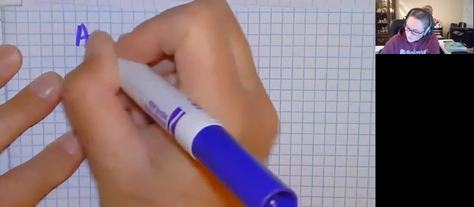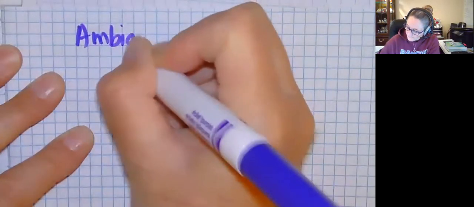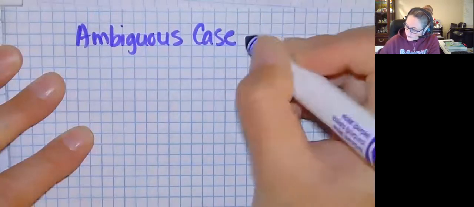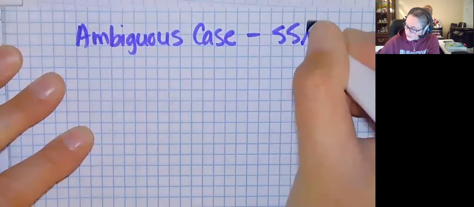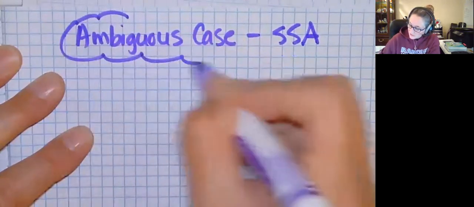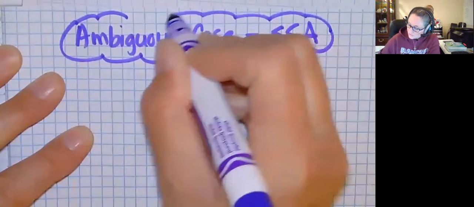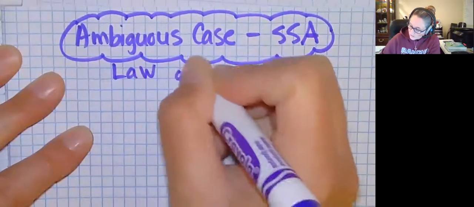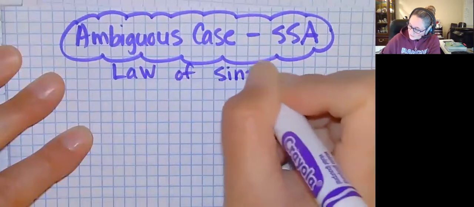So ambiguous case. This is when we're dealing with side angle, okay? And this is when we're using law of sines.